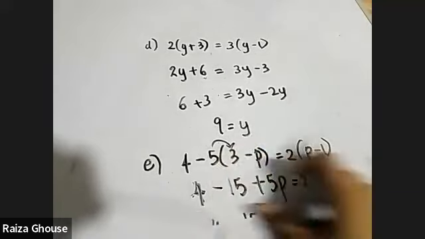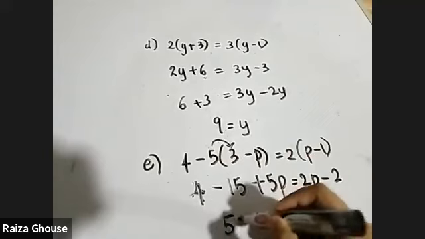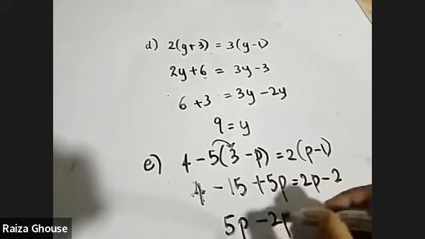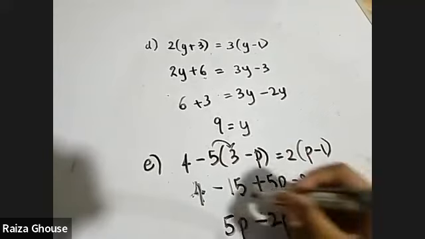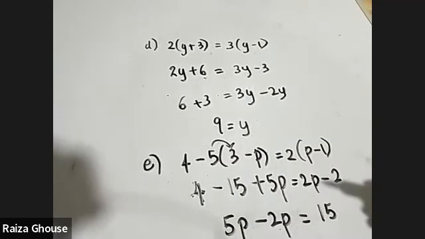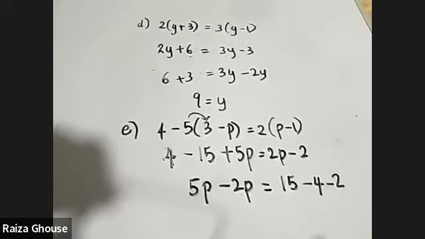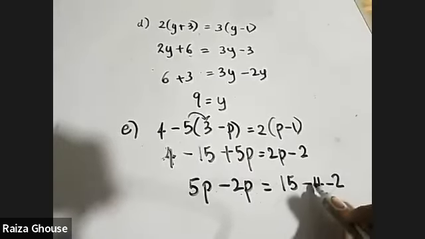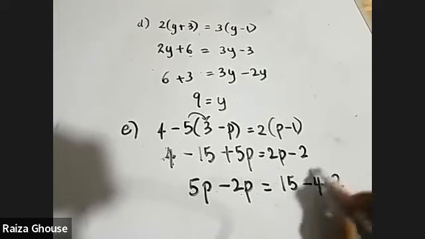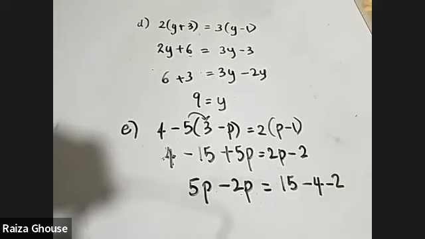Now I can say 4 minus 15, minus 2 I'll take here, plus 2. No, that is a problem, negative comes. 5p I'll keep here. 2p comes here. Plus 15 comes here. Minus 4 comes here, minus 2 already there. Now if I solve this one, what am I getting? Azima, minus 4 and minus 2, what is it?